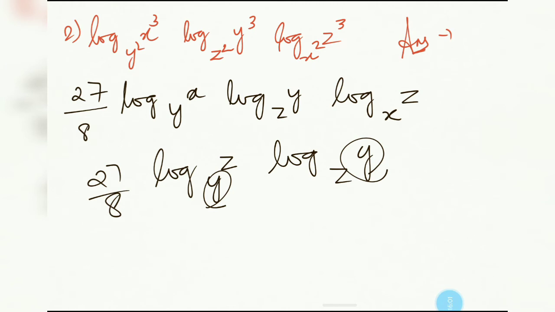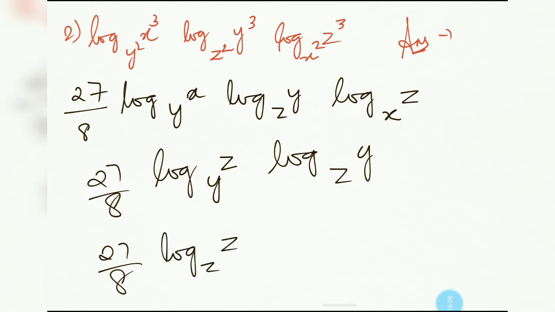So just put log z to the base z. So 27 by 8 log z to the base z. Okay, using that law only we are doing all this. Now log z to the base z is nothing but 1. So 27 by 8 into 1 is nothing but 27 by 8 only. Which is the option? It is D.